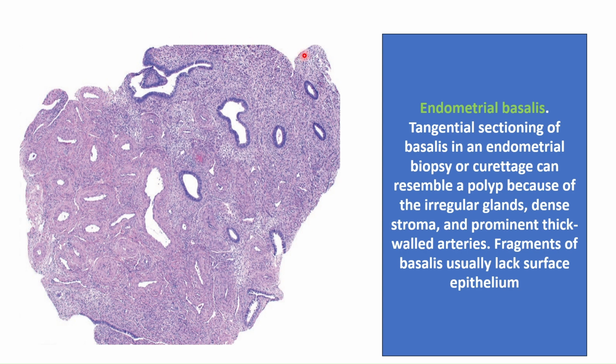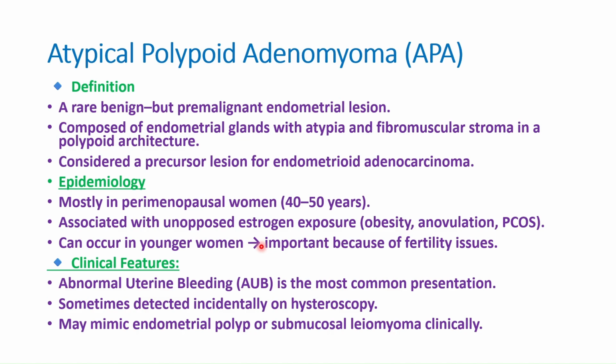There is no surface epithelium present over this tissue bit. So this is an endometrial basalis and not a true polyp. So we have seen benign endometrial polyp, 5 types: functional, proliferative, atrophic, mixed type, and adenomyomatous.